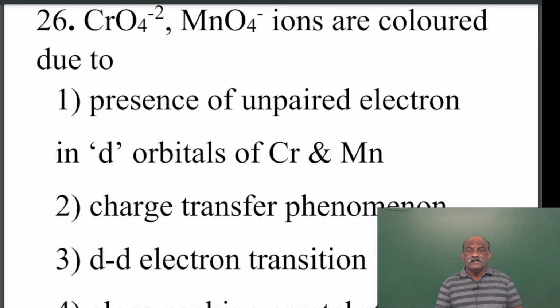26th. CrO4 2 minus and MnO4 minus ions are colored.